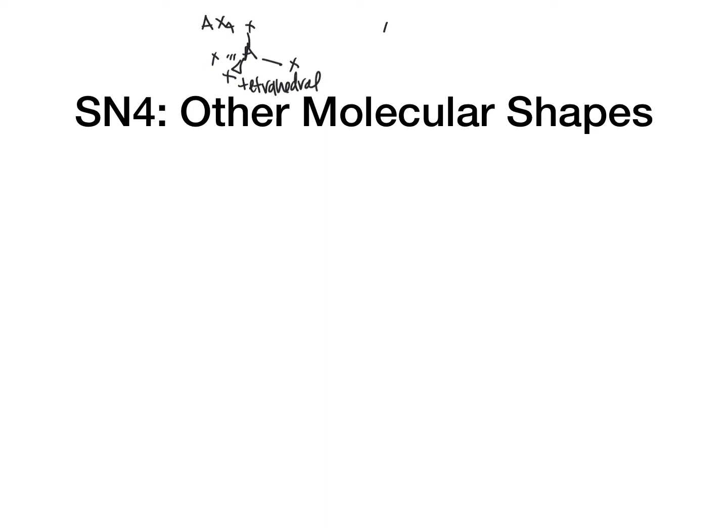We're going to look at the AX3E, where E is a lone pair. We're also going to look at AX2E2, where A is our central atom, X is our terminal atom, and E is a lone pair. So for AX3E, in that case, we're going to look at NH3.